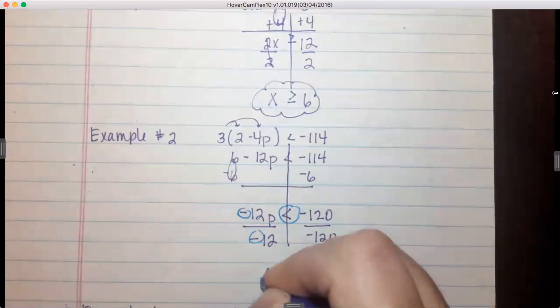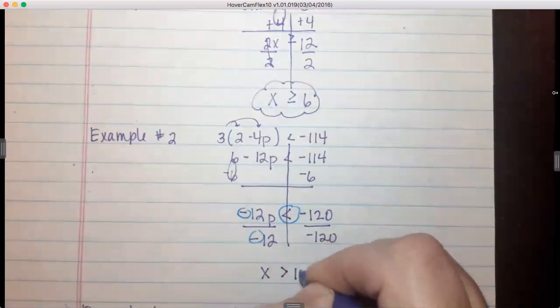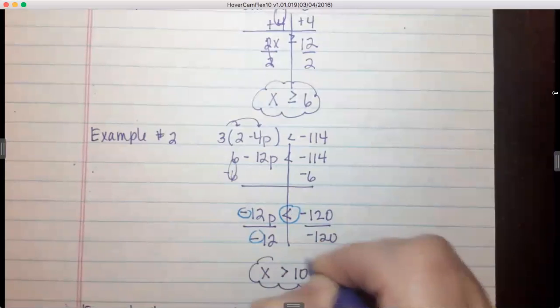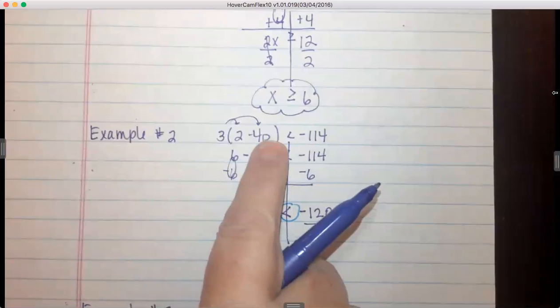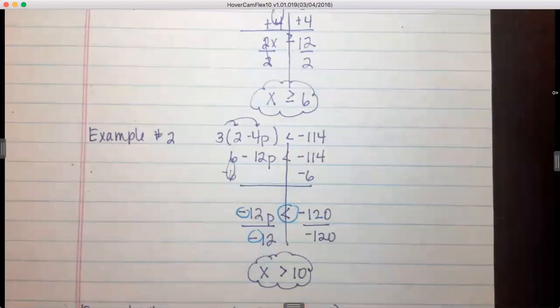So this becomes p is greater than 10. If I wanted to check that, I could pick any number that's greater than 10 and plug it in here for p and see if it becomes less than -114. End of story.